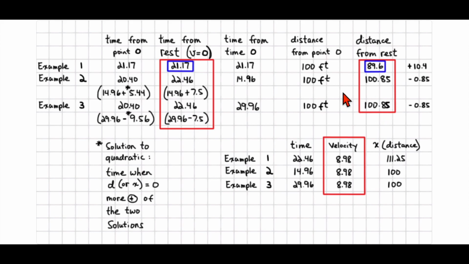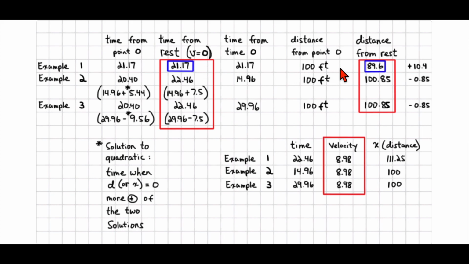Now in both cases, that's 100 feet from point 0, and it's 185 hundredths feet from rest. Remember, you have to add that tiny 85 hundredths of a foot to each one of these. Now from example 1, it takes 21 and 17 hundredths seconds from rest, because rest is at the same time that the timer starts.